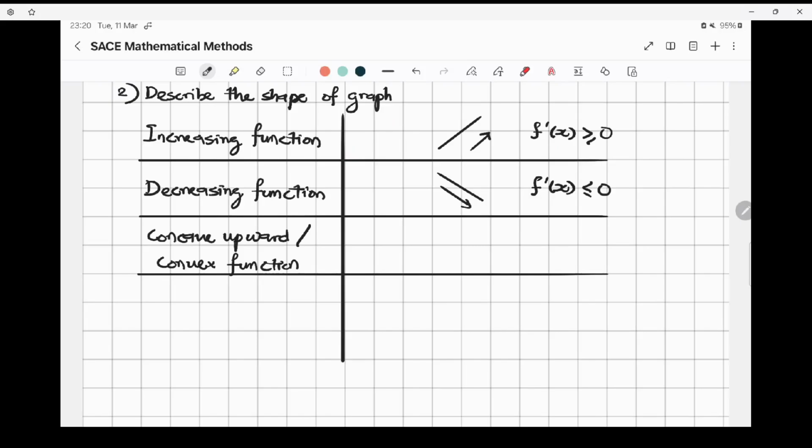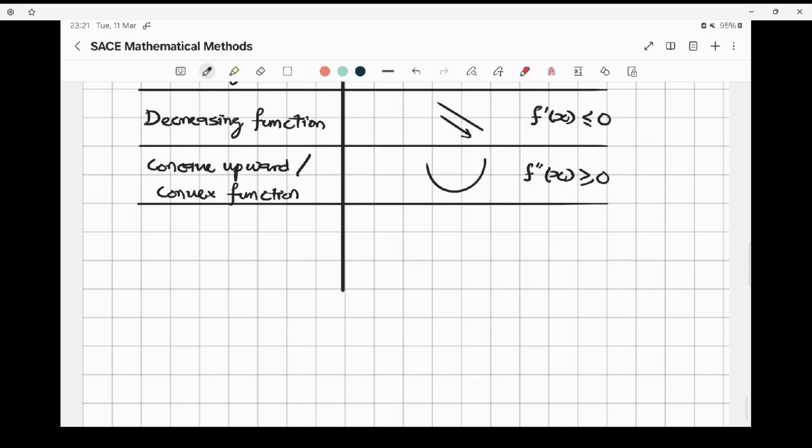Here your graph needs to look like this. The property for concave upward or convex function is that your second derivative has to be greater than 0.